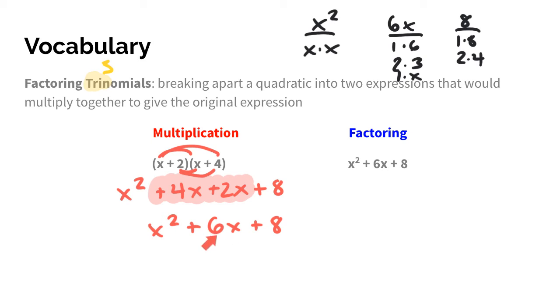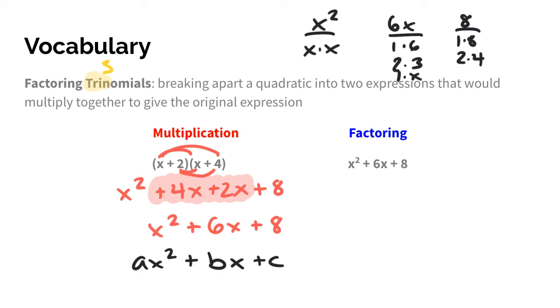And the 6x, even though it has a number, can't be combined with 8 because this has an x and that doesn't. So these three things are not like terms, so I can't add them together. But what I formed by multiplying these two binomials together is what's called a trinomial, or notice a quadratic function, x squared, 6x, and 8, which matches our ax squared plus bx plus c.